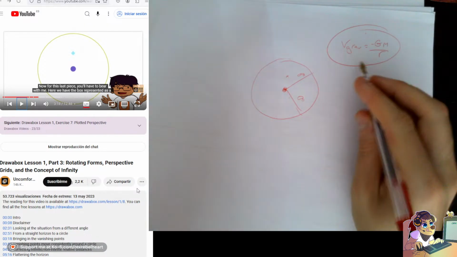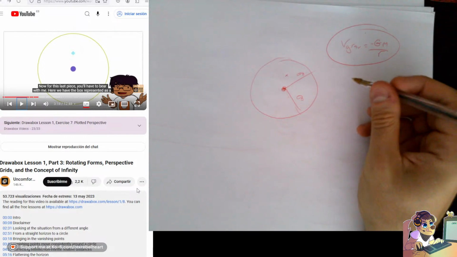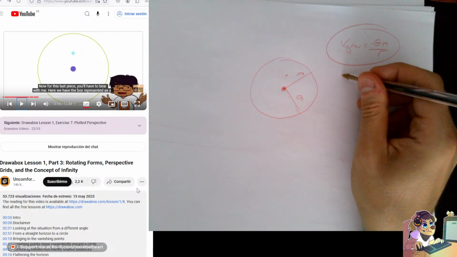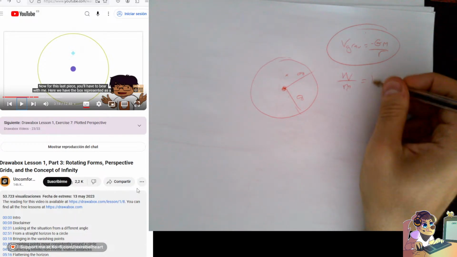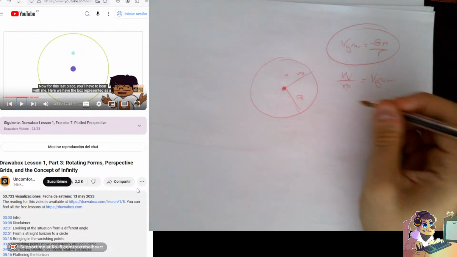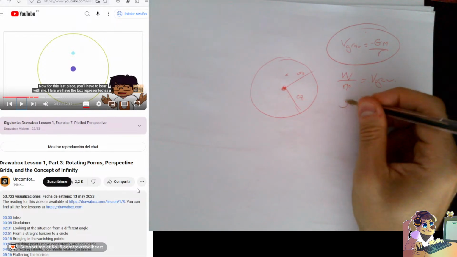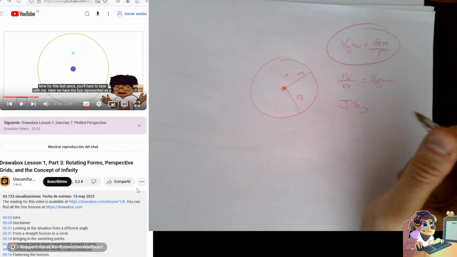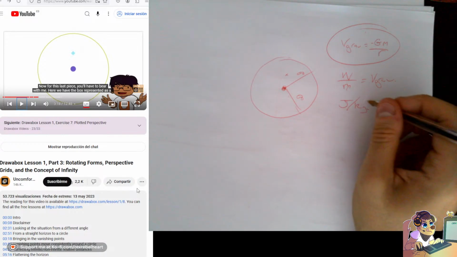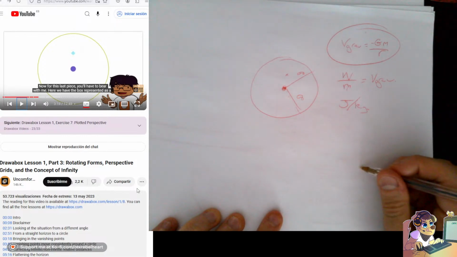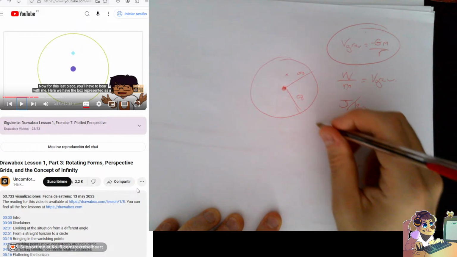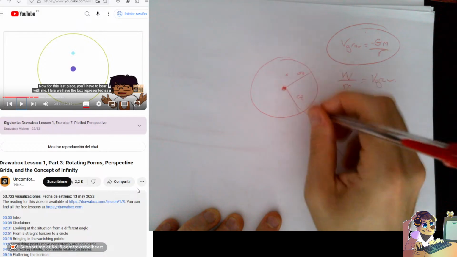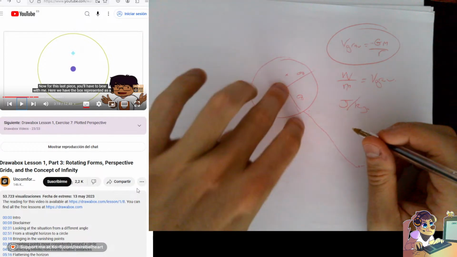We're thinking of that as being the work that would have to be done per unit mass to bring an object from infinity to that specific point of the gravitational field.